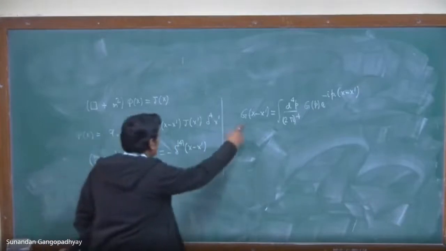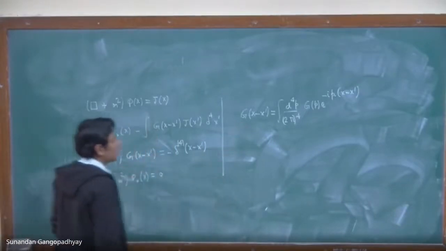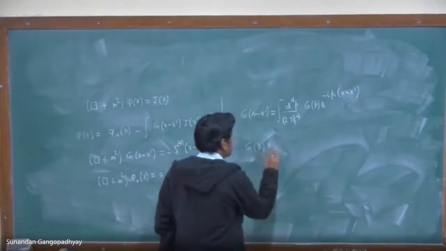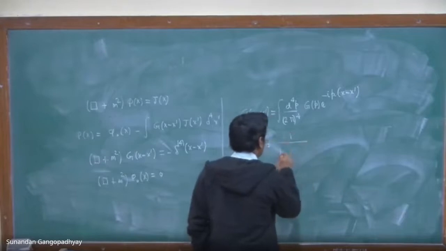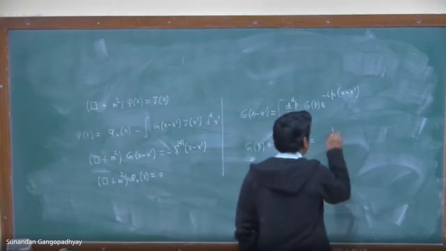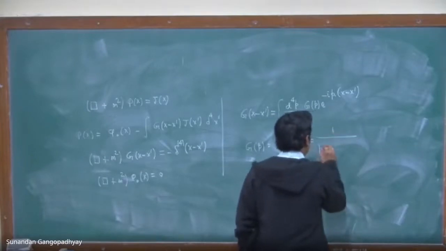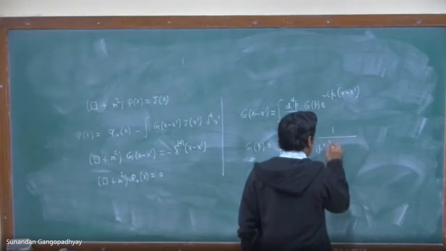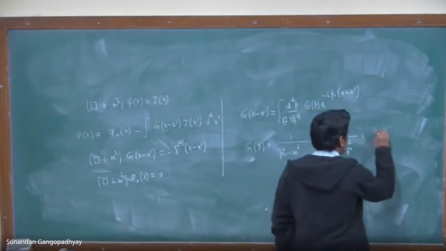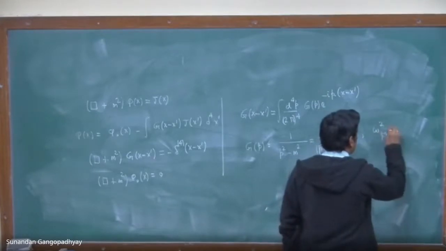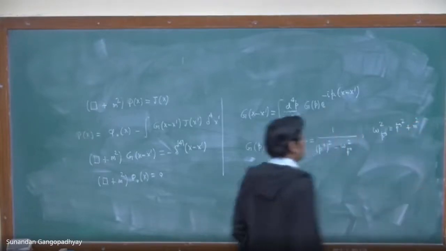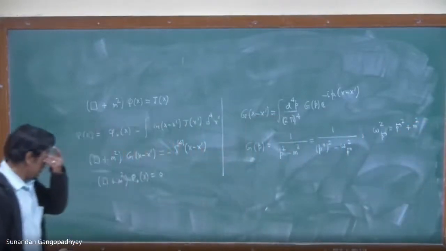And if you substitute this Fourier transform in this Green's function equation, then we found that G(p) can be written as 1 by p squared minus m squared, and you can write this down as p0 squared minus omega p squared, where omega p squared is the magnitude of p squared plus m squared.